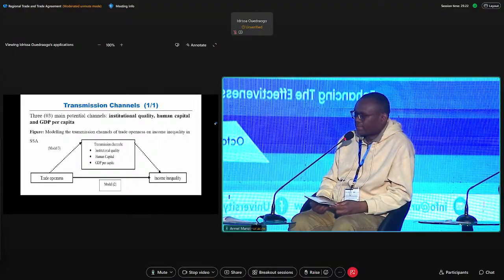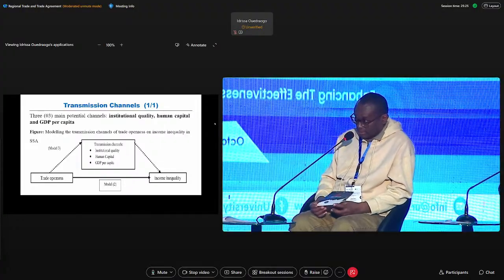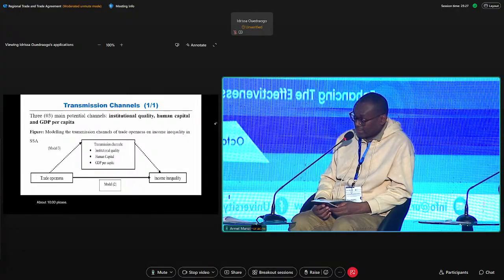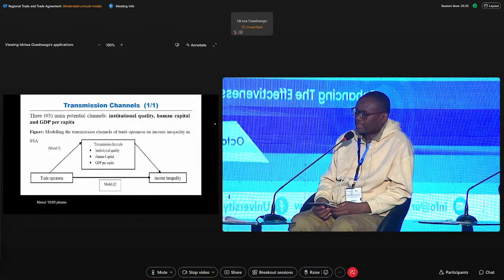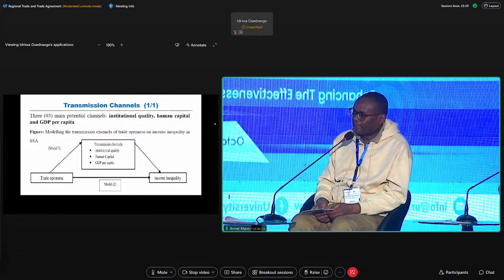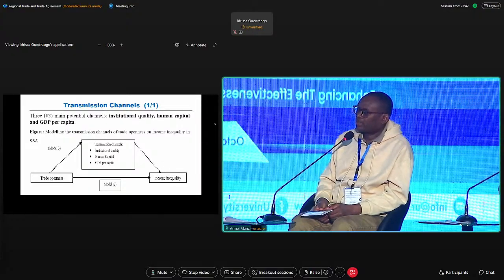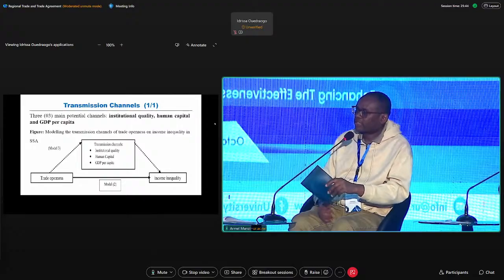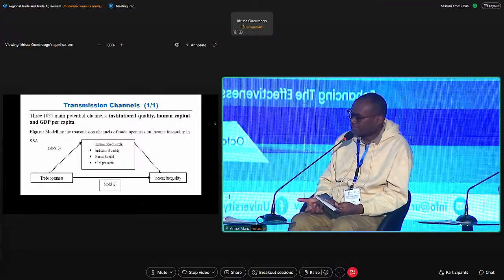About your findings, the main variable was trade openness. As a recommendation, you say countries in sub-Saharan Africa should invest more in policies which promote trade openness.